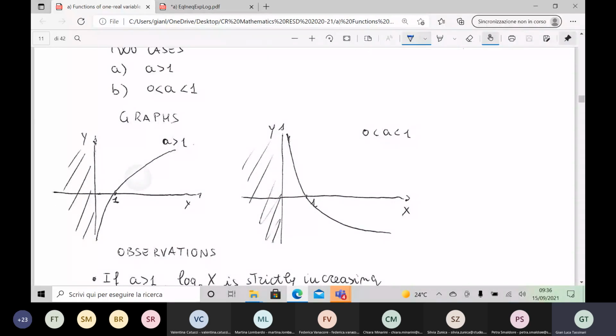Suppose here you have x1 and here you have x2. You see, guys, x2 is greater than x1.